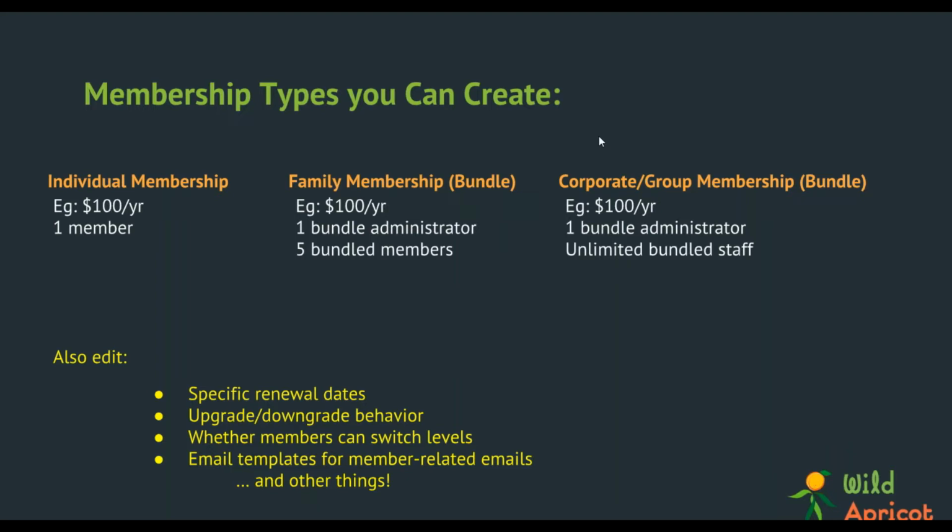They would be the ones paying the dues, and they can add or remove people from that family membership as needed. So in this example, if we were trying to get an entire family as members, we could have one administrator, so mama or papa maybe, and then you have 5 bundled members under, so that's the rest of the family. Boy, girl, dog, grandma, whatever it is, they'll all be able to be assigned memberships under one of these types of membership structures that you create.